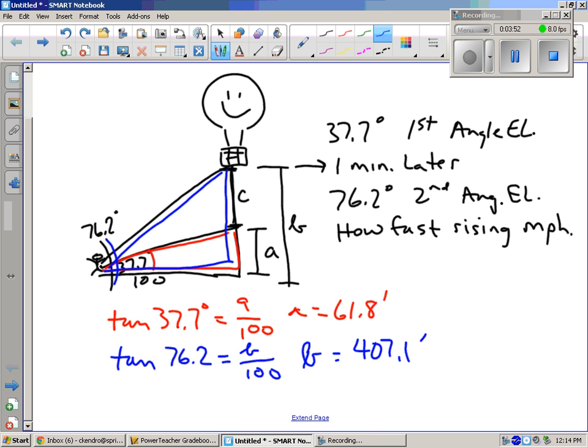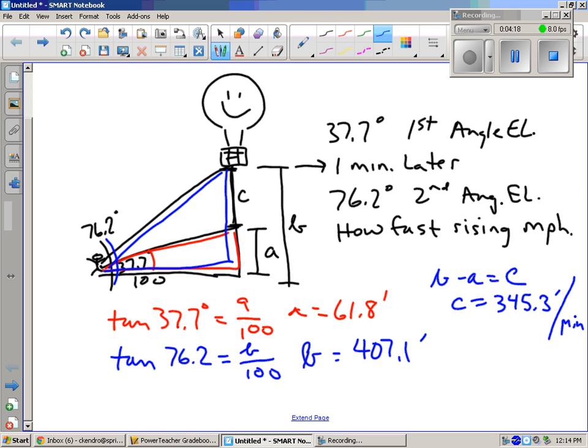It's a weird looking B. Now we have to subtract those two to get C. So B minus A is C, and I got C to be 345.3 feet. That's feet traveled per minute because we timed it for 1 minute.